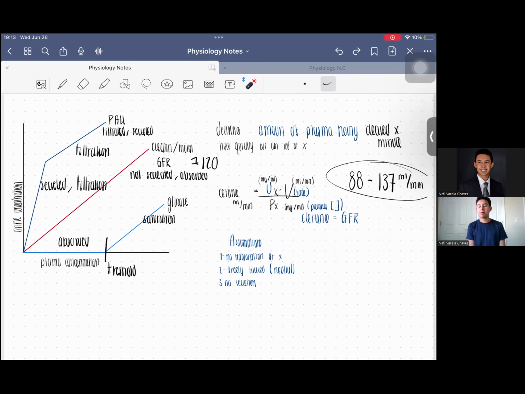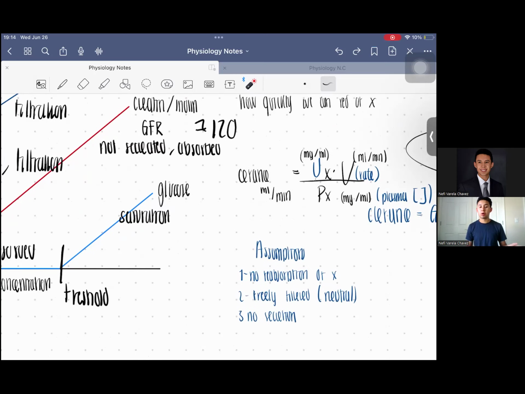The clearance is going to be the equivalent of GFR, the amount of plasma that can be cleared per minute. Okay. There are three assumptions for clearance. These molecules are not supposed to be secreted, nor reabsorbed. They have to be freely filtered, so they're neutral.